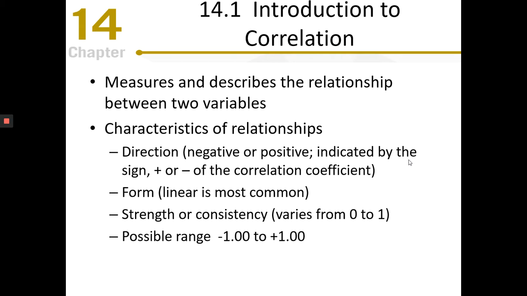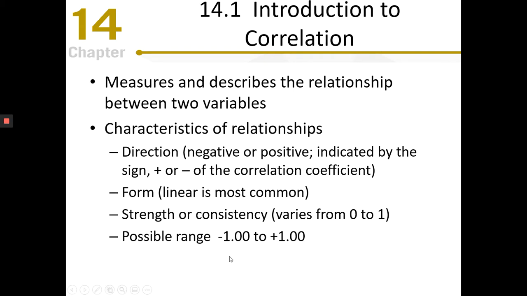So 1 is, as you change one unit in one variable, it goes up 1 unit in the other variable if it's positive, and it goes down 1 unit if it's negative. If it's 0, there's no relationship, there's no correlation. They just co-occur randomly. There's no relationship between the two. So again, this is the absolute value, with 0 being no relationship and 1 being perfect, where a 1 unit change in one variable is equal to a 1 unit change in the other variable.